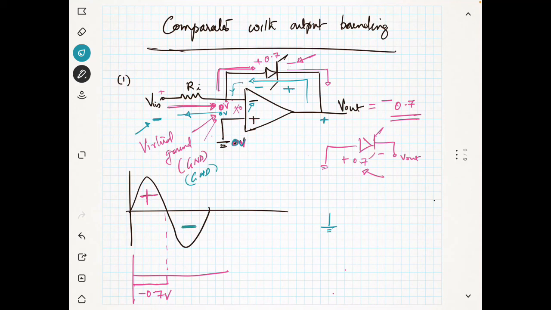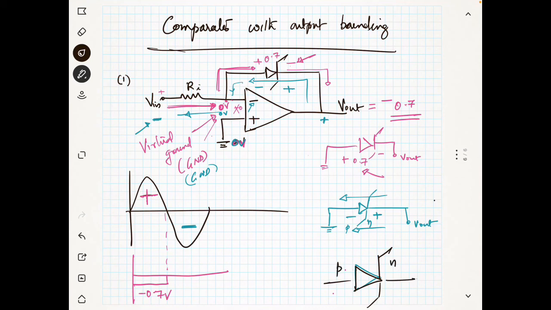In the negative half cycle, you have the current in this direction, and this is your V out. So this is positive and this is negative because the current is flowing like this. This is N-type semiconductor and this is P-type semiconductor. You know that if you take a Zener diode, this is N-type and this is P-type, right?